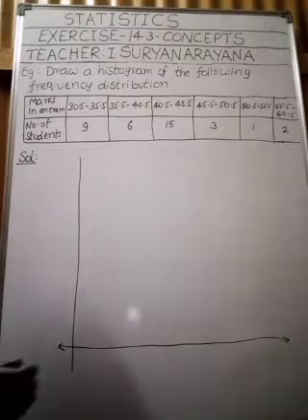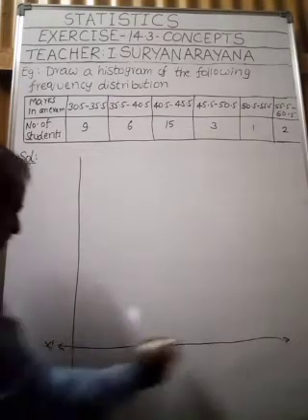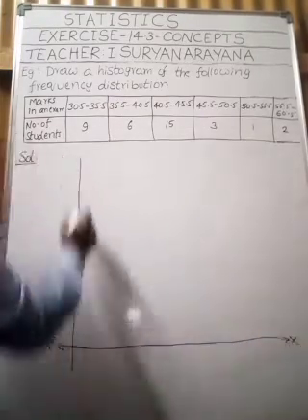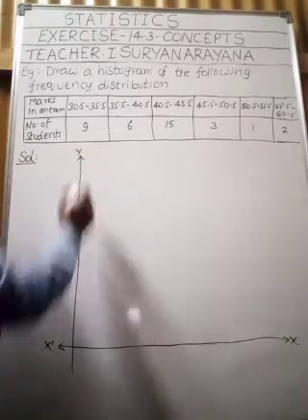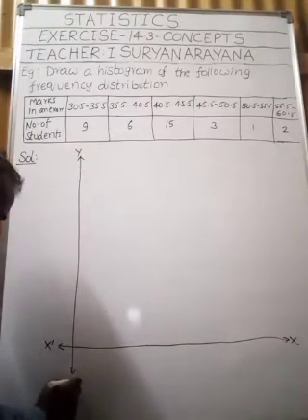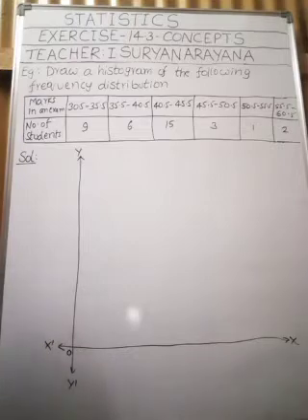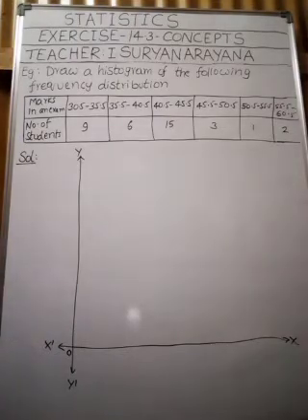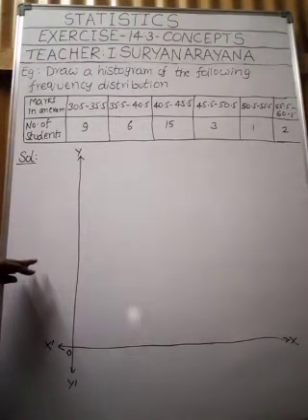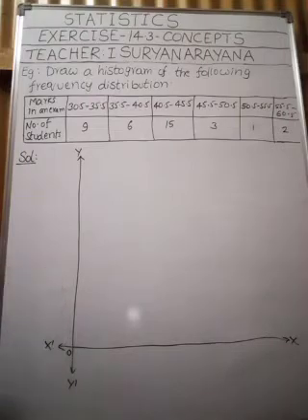So x dash, here x, here y, here y dash. They are intersecting at point O, origin.